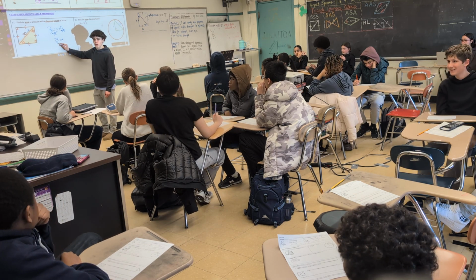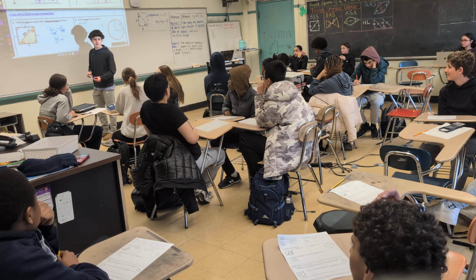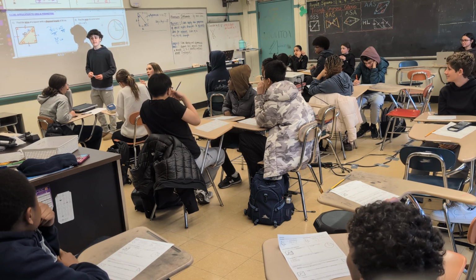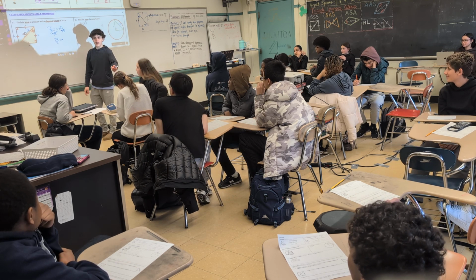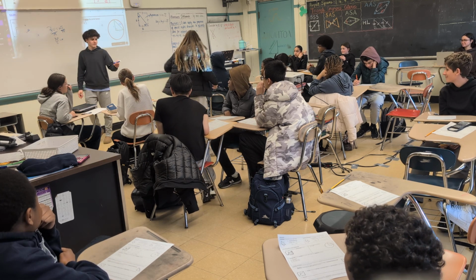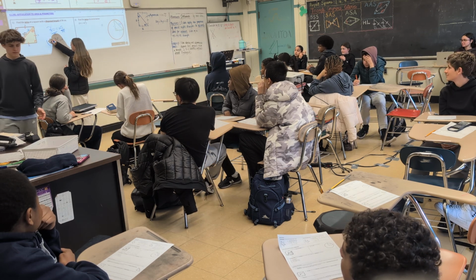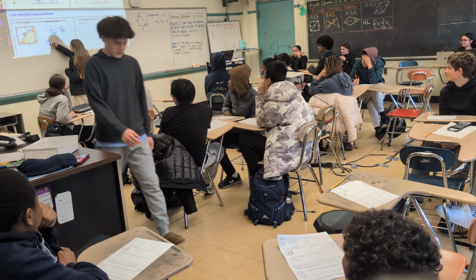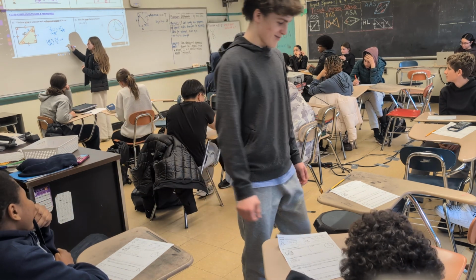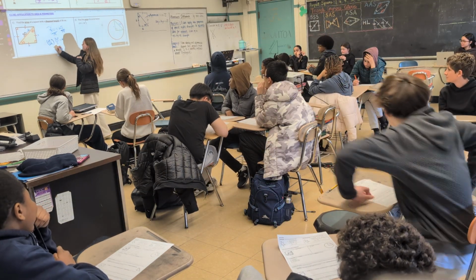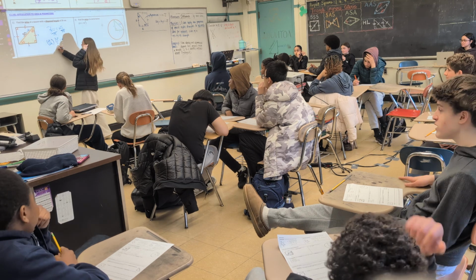Let's have someone help out. Red, since you're closest, can you help out? So we're going to multiply both sides by the square root of 2 over 2. Very good. Okay, next step.